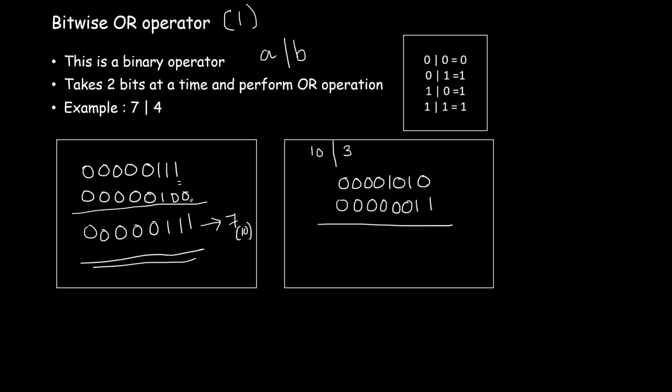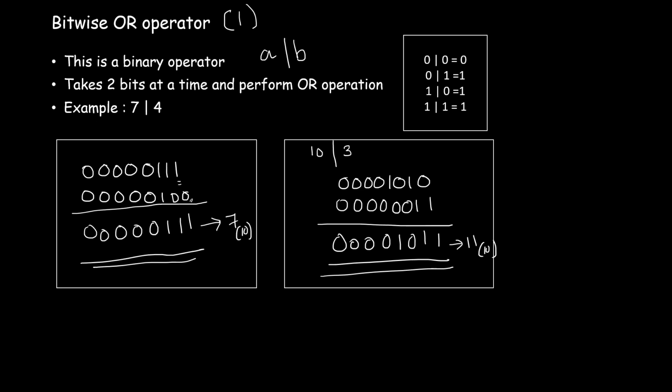Let me perform an OR operation. 0 or 1 is a 1, 1 or 1 is a 1, 0 or 0 is a 0, 1 or 0 is a 1 and all these are 0. Alright. So this is nothing but 11 in decimal form. So when you perform a bitwise OR between 7 and 4, you get 7, and between 10 and 3, you get 11 as your result.